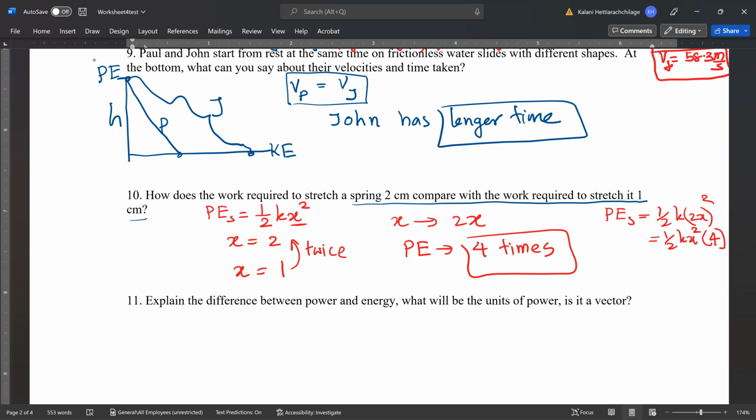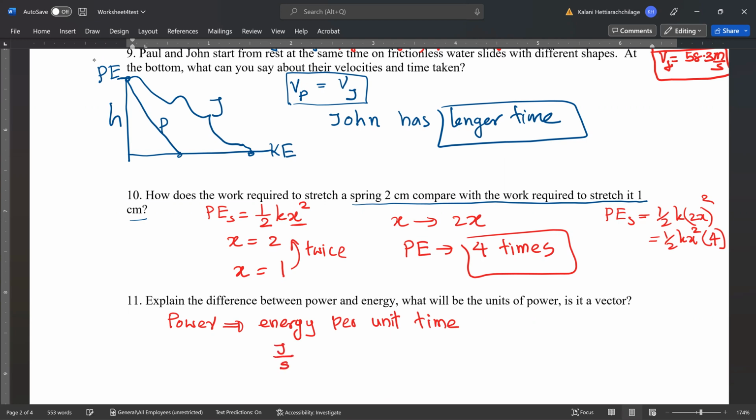Okay. Now 11, explain the difference between power and energy. What will be the units of power? Is it a vector? So now you remember the definition of power from the lecture, I discussed that power is basically energy per unit time. So energy per unit time means you have joule, and unit time is second.